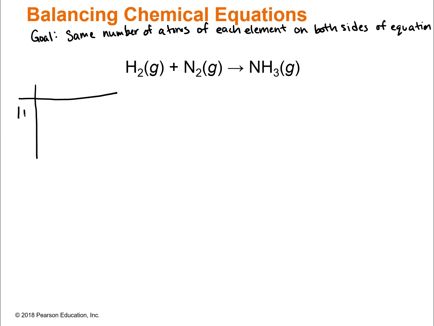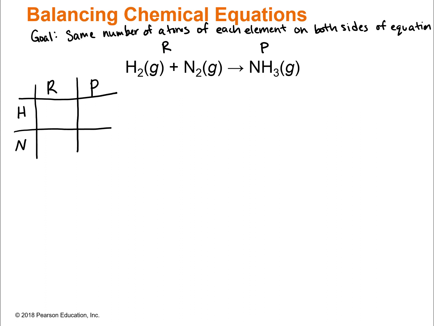I like to make a chart that contains all the elements that I see in the equation. I use an R for the reactant side and a P for the product side. And then I count.